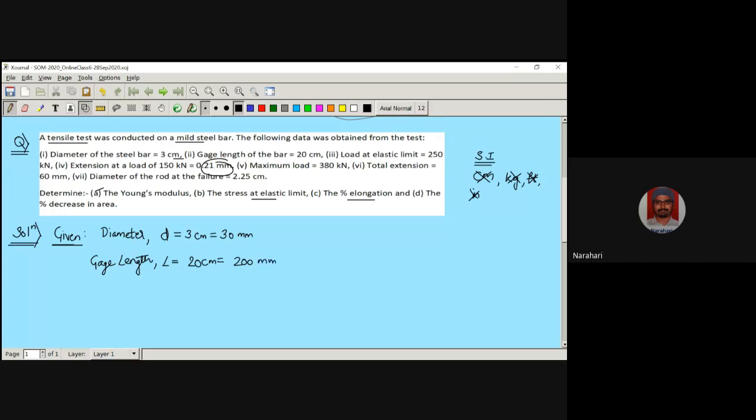Then the load at elastic limit, I'll just say P elastic. It is given as 250 kilonewtons.